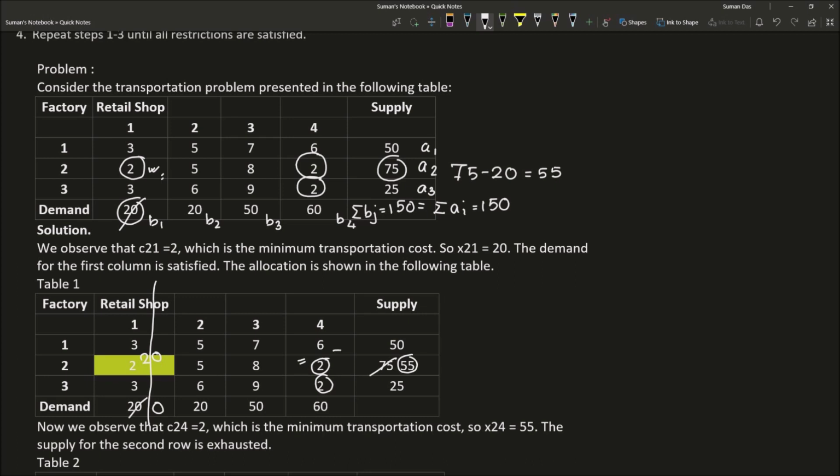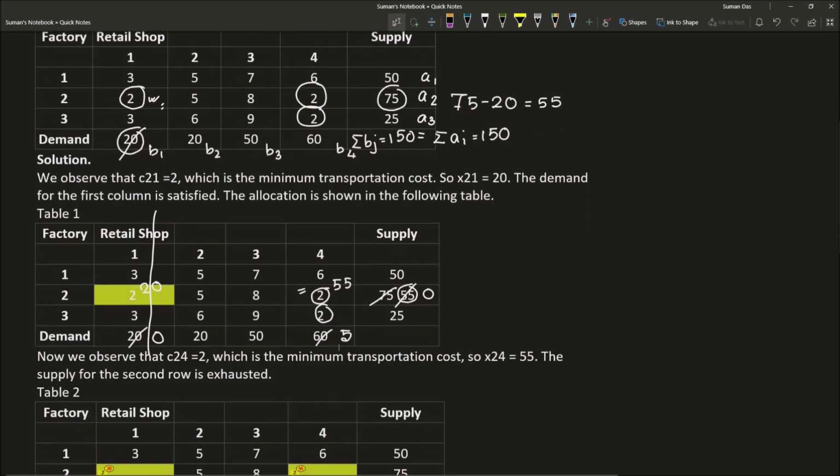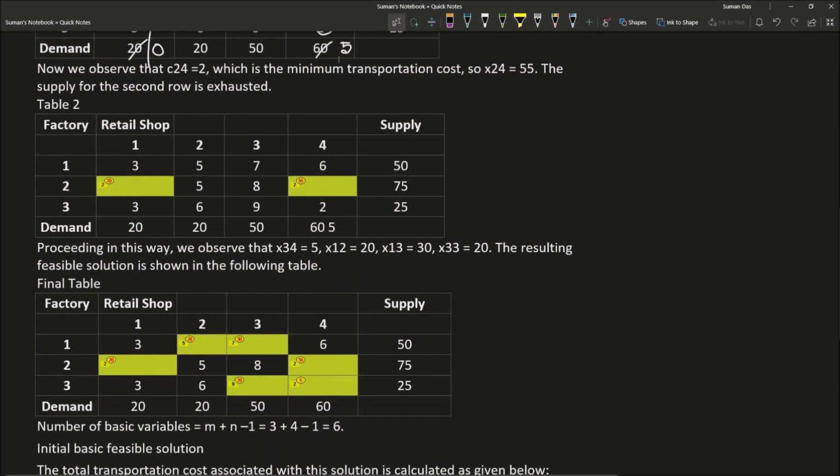So we allocate 55 here, so that one becomes 0 and that one becomes 5. Next, as that has already been crossed out, we may cross out that row also.